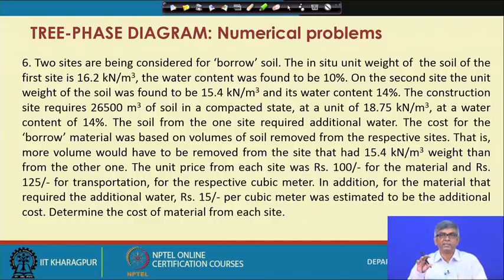So that means two sides, one side water content is less, the other side water content is slightly more, and on the second side the water content required is already there, that is the water content required in the compacted state. There is no need to add water or remove water, but on the first side, since it is 10% but the required condition is 14%, you need to add some amount of water.